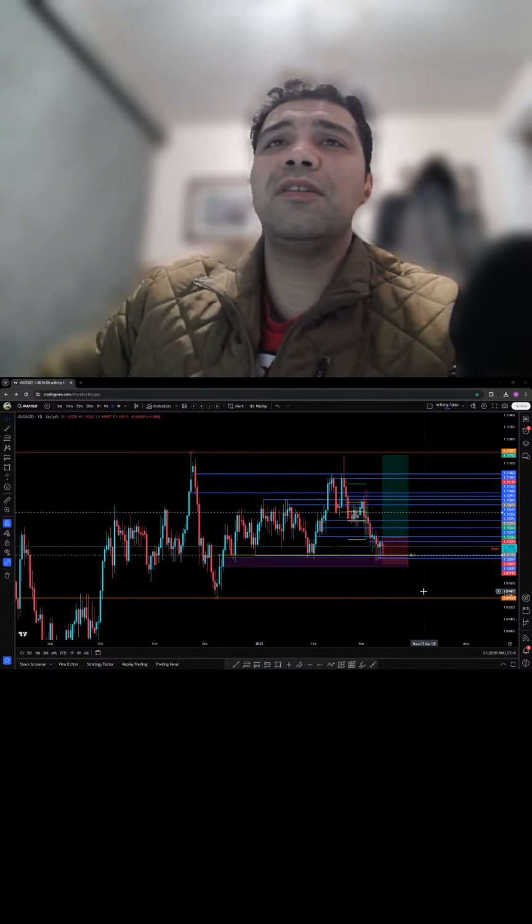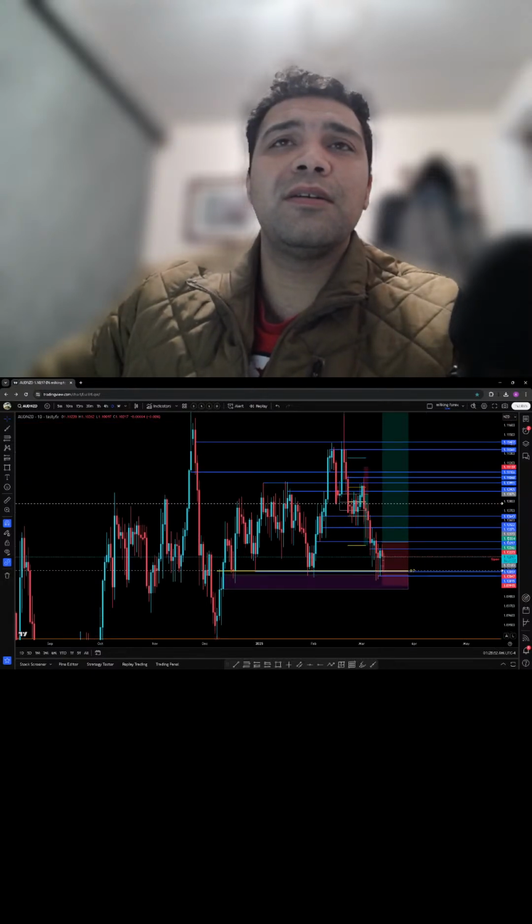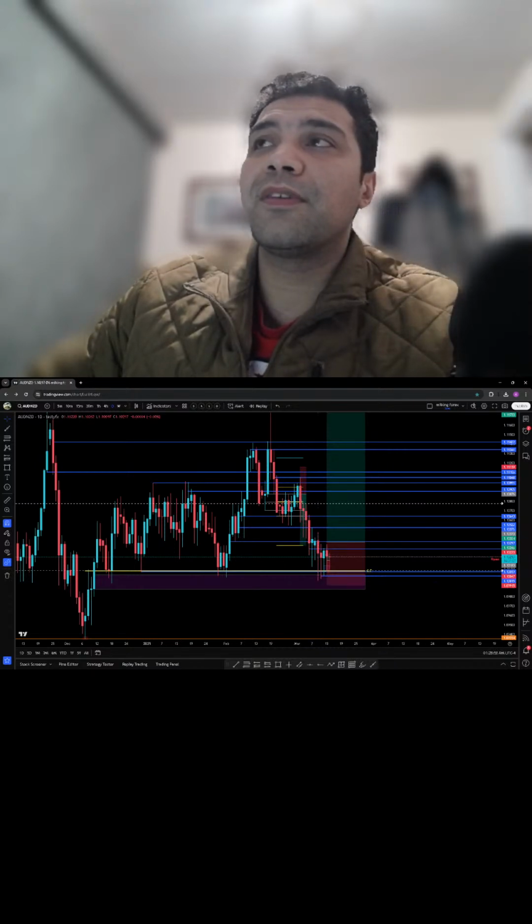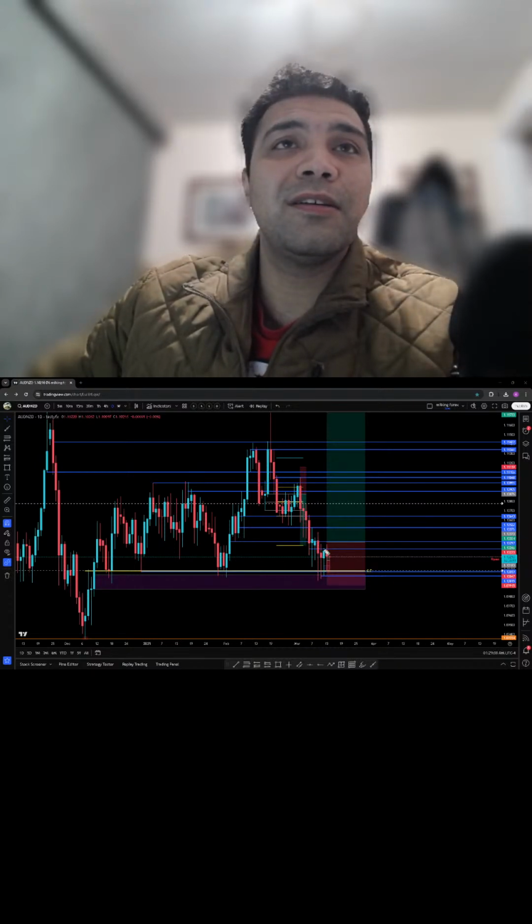Secondly, what made me take this position was these kinds of wicks developing, showing that the seller momentum is failing around here. You can see that prices opened around here, came back down there, went up, closed around there, opened around here, came back down, went back up. Then we saw that the prices opened around here, went on the downside, and then closed on the upper side, like that from this point.